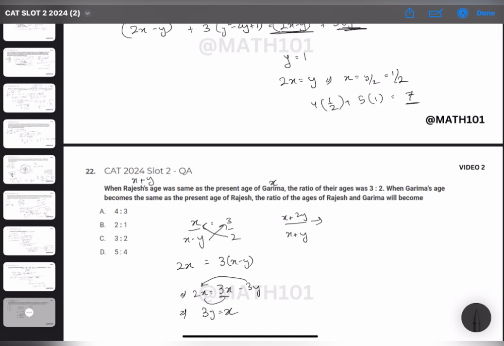Substituting here, x equals to 3y plus 2y. On denominator, x equals to 3y plus y is equals to 5y, 4y equals to 5 upon 4. So answer is D.